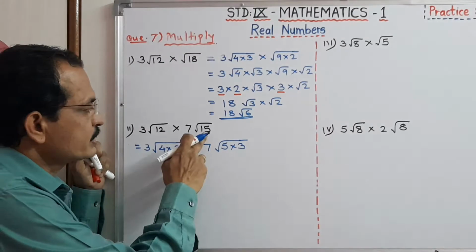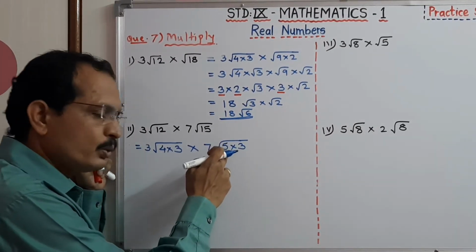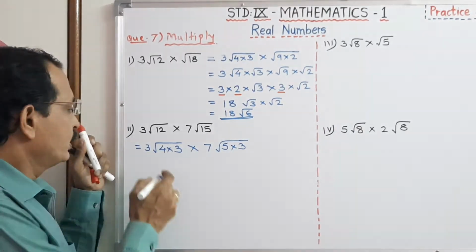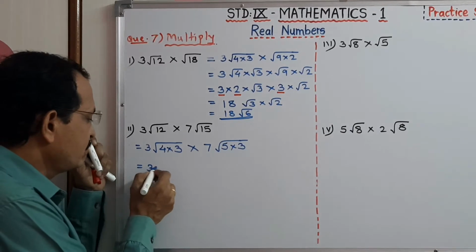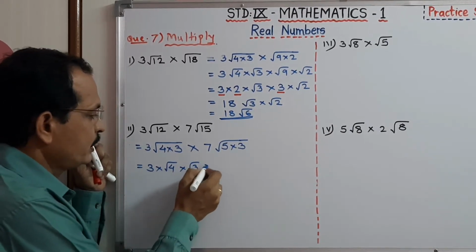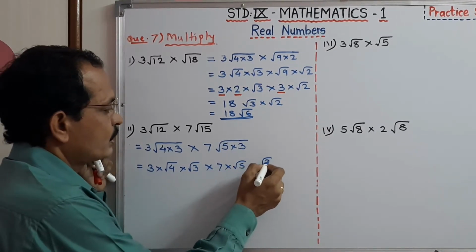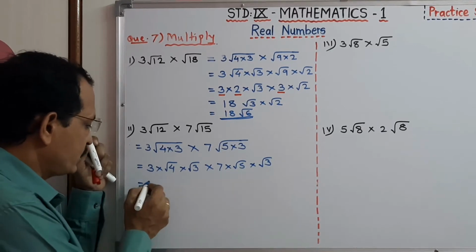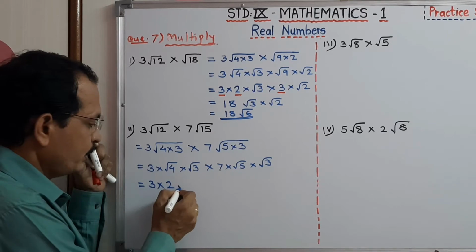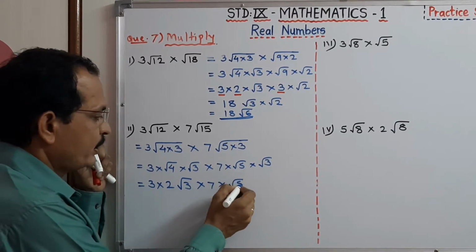Dear student, in this case we can't get one perfect square number. Then also we have to factorize because we have to write the final answer in a simple form. Now see here, it is 3 into root 4 into root 3 into 7 root 5 into root 3. Now dear student, this 3 into square root of 4 is 2 into root 3 into 7 root 5 root 3.